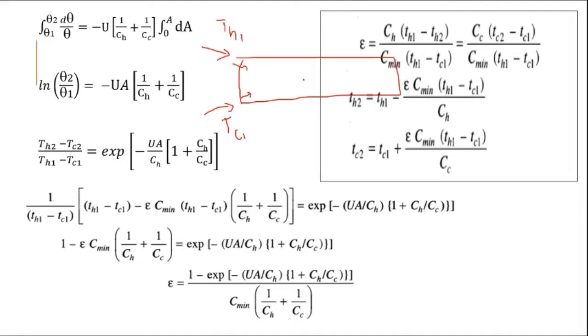Our aim is to design a heat exchanger to get a particular heat exchange rate. Since you are designing the heat exchanger for the first time, the outlet temperature will totally depend upon the size of the heat exchanger. The outlet temperatures for both the fluids will not be known. We won't be knowing the TH2 value, and we will not be knowing the TC2 value.